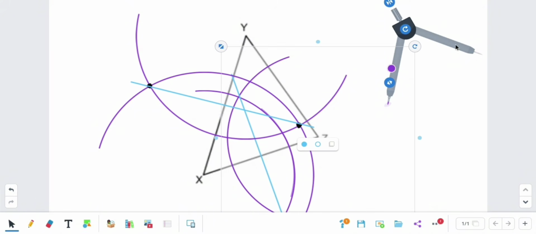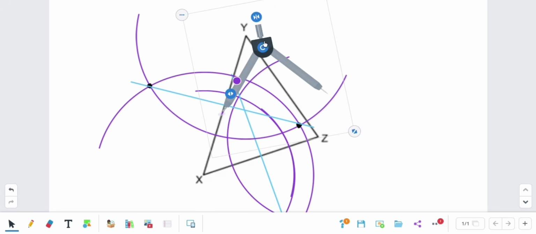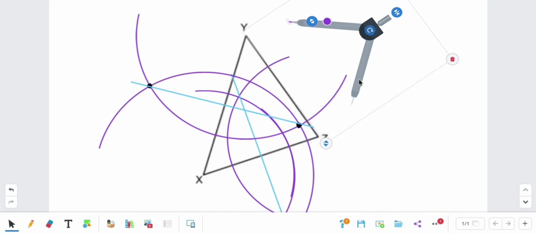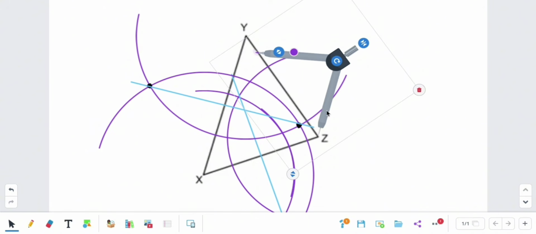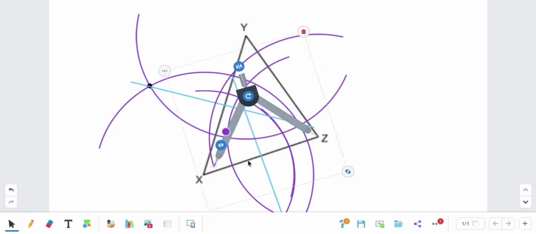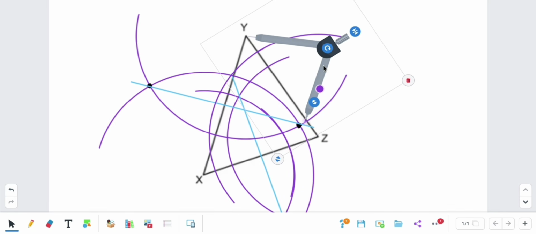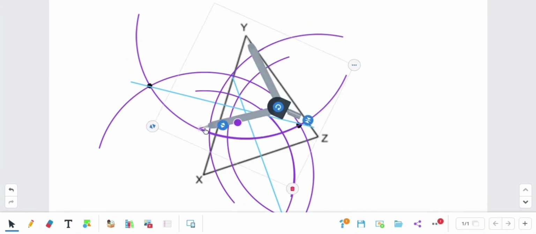And then I'm going to perform the last perpendicular bisector. I'm going to go to point Z, right here, and then I'm going to draw my arc. Don't change the distance. And then I'm going to flip it, and then draw the same arc on the other side.